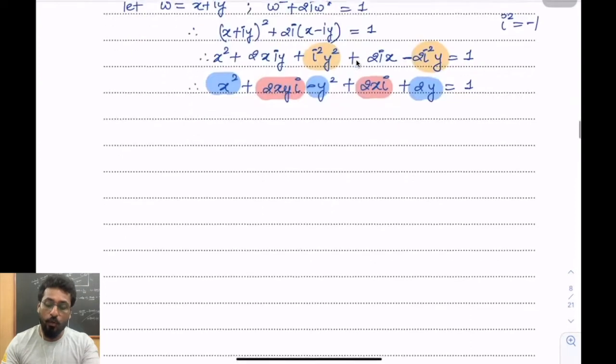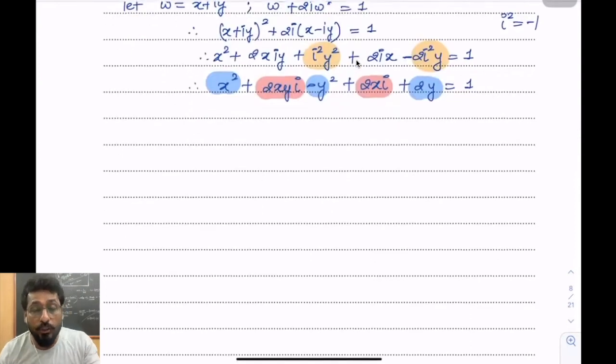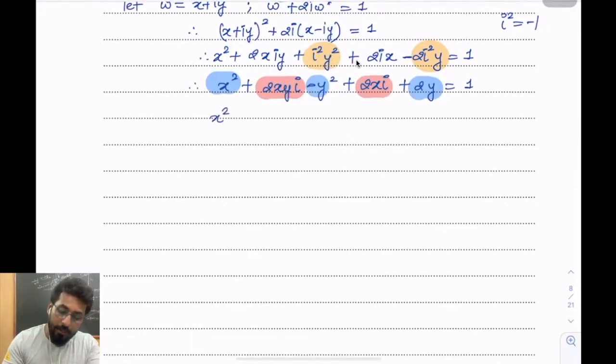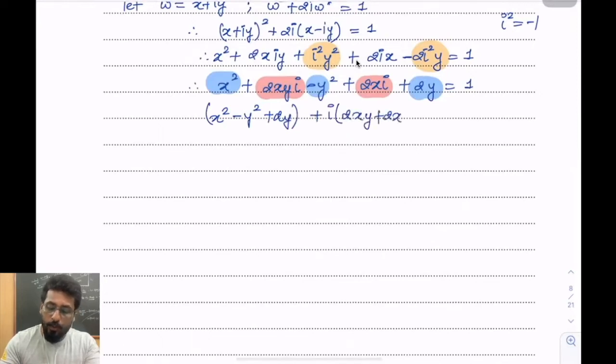So you want to start collecting the real terms and the imaginary terms. I get x square minus y square plus 2y plus, taking i common, i times 2xy plus 2x.